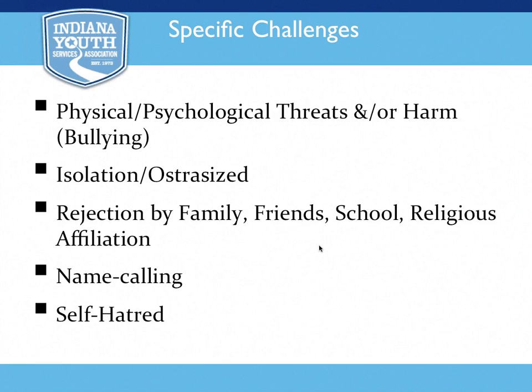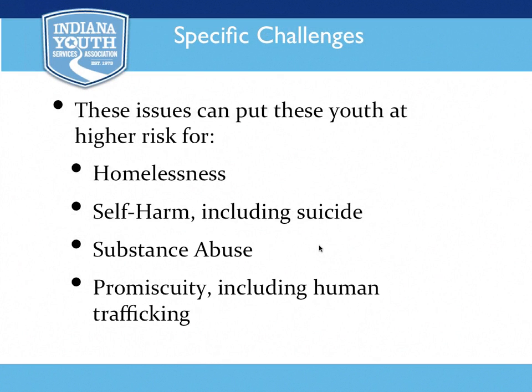A lot of the negative messages that they're receiving from their family, from peers, and maybe even from their religious affiliation can be turned inward. So you see a lot of self-hatred, a lot of low self-worth. They haven't come to terms with this, and they don't have the support to do that.